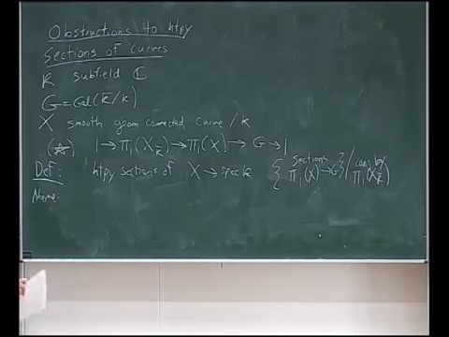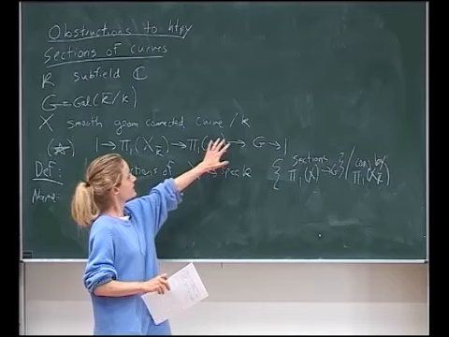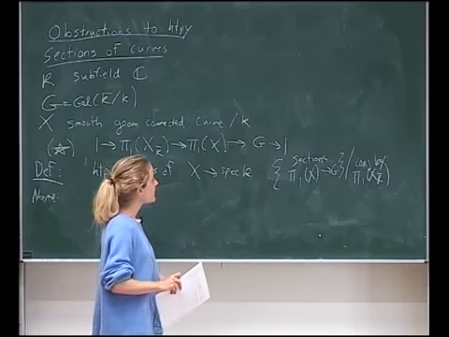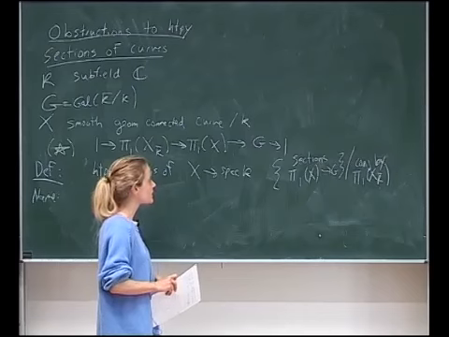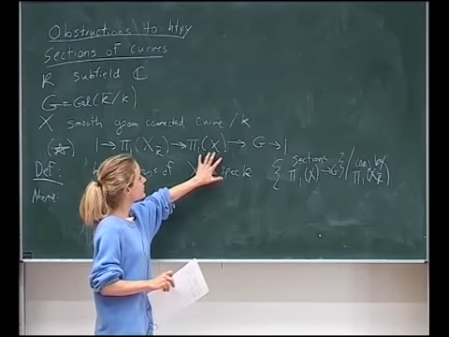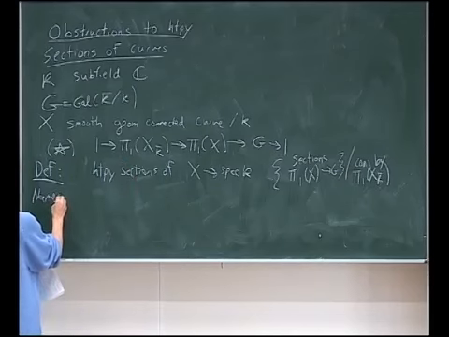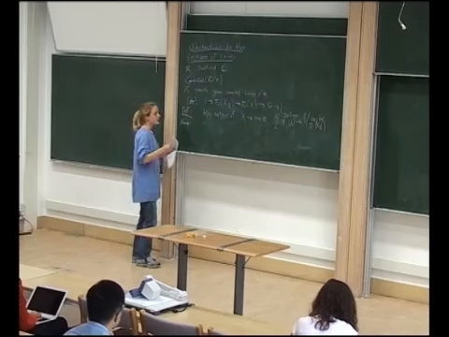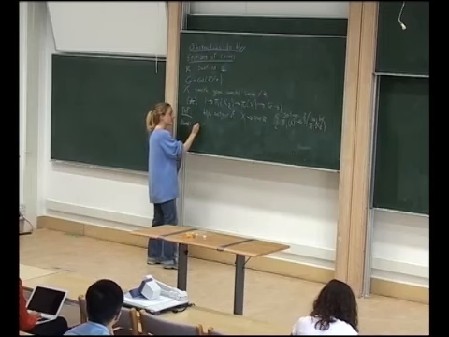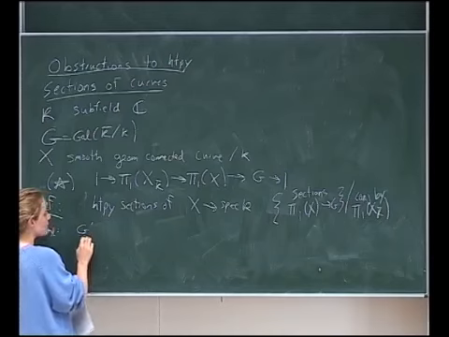And the reason for the name comes from the fact that the non-abelian conjectures say that for K a number field and X a hyperbolic curve, X should be equivalent to its pi 1.